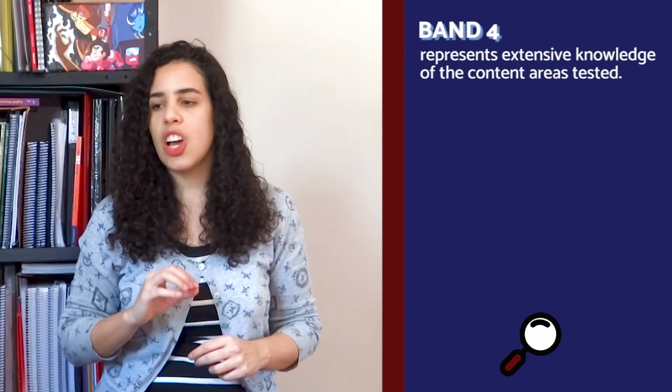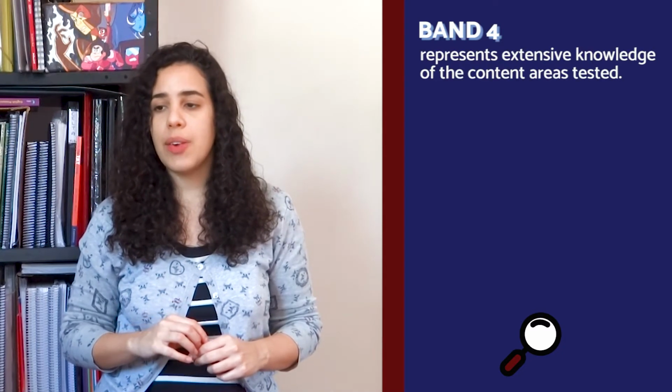Now, let me talk about the results. After Cambridge receives the answer sheets, they take around 2 to 4 weeks to provide an answer to the center through which you enrolled. The grading process involves bands. So, band 4. A candidate at this level demonstrates extensive knowledge of TKT CLIL content areas.